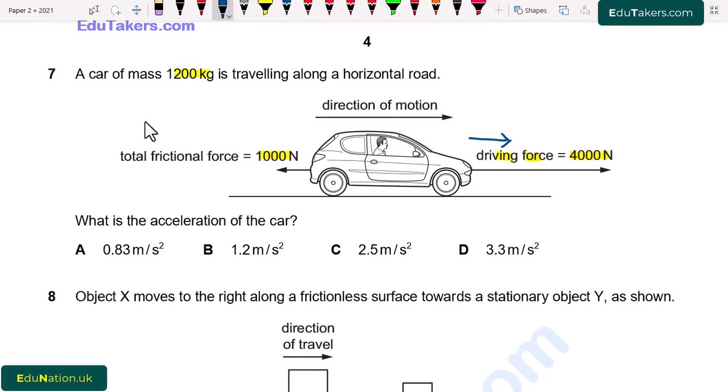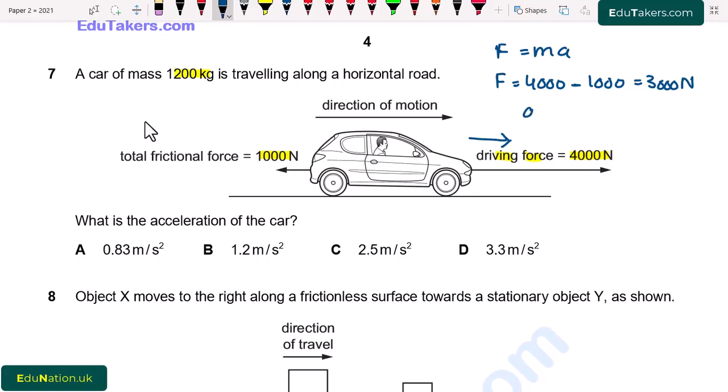So first of all, I find out the net force from here. So F is equal to MA. First of all, I have to find out the value of force. So force will be equal to 4000 minus 1000, which is the driving force minus the total frictional force, and it is equal to 3000 Newton.